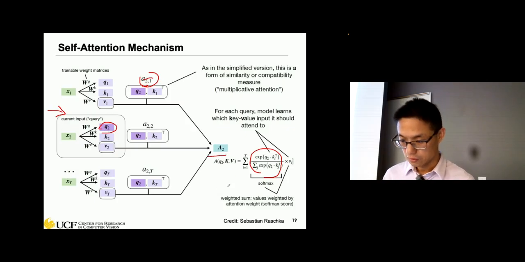Of course, we will also apply the softmax to normalize these attention weights. In general, you can consider this a learnable version of the self-attention mechanism we just discussed, okay?